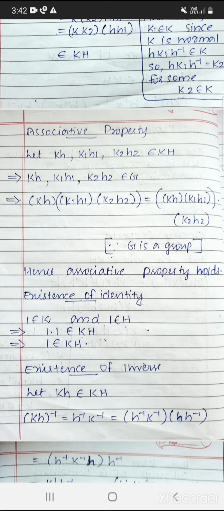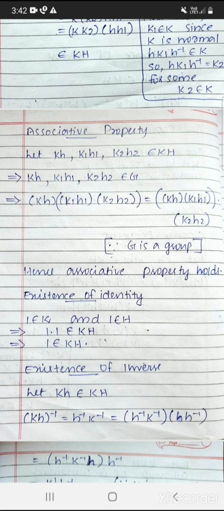So the first two elements are grouped together and the third element is kept apart. This is a group, right? G is a group, so in a group associativity holds. So similarly in KH also it holds.